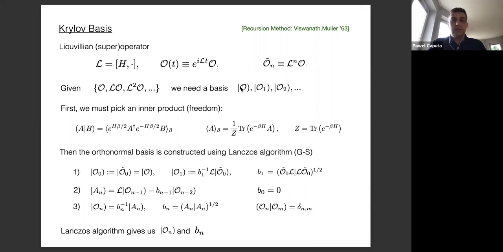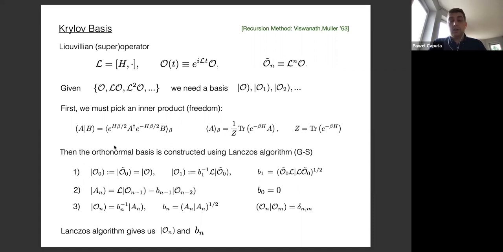We start with this initial state O0, the state associated with the operator at t equal to 0. Then the state O1 will be associated with the action of the Liouvillian on the initial operator. And then the normalization of the state will be given by b1, which is basically the norm of the state O1.